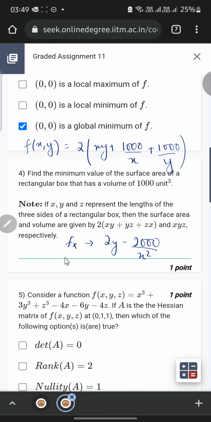Yeah, perfect. And f of y would be 2x minus 2000 upon y square.